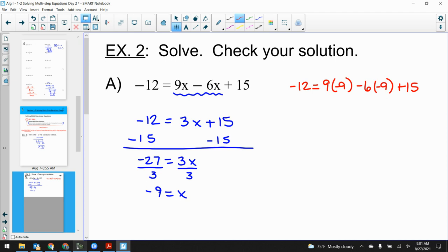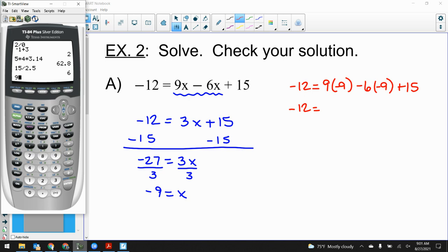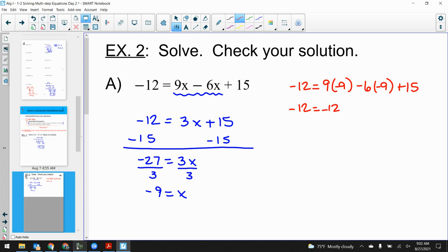Let's put that whole right side in my calculator: 9 times negative 9 minus 6 times negative 9 plus 15. If this comes out to be negative 12, we know we've got the right answer. Yep, this does check out. This is negative 12, so I can go back and say definitively that negative 9 is my correct answer. Questions about that?